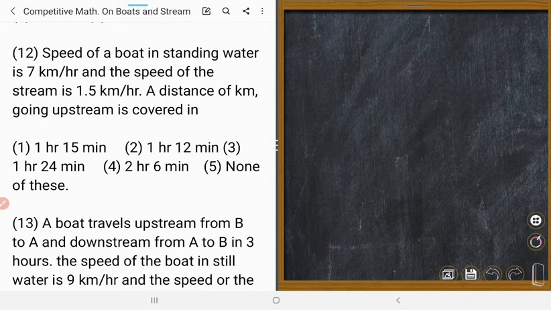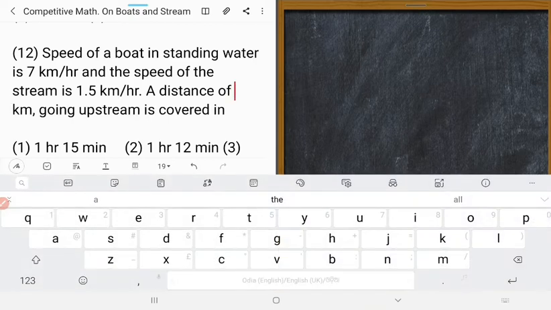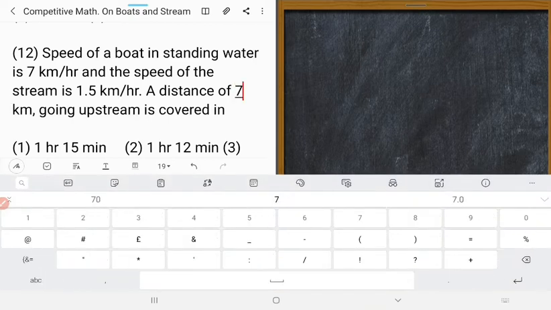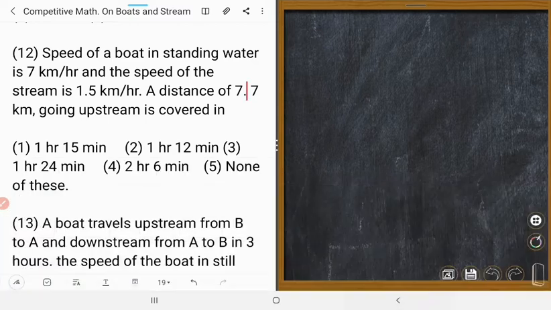A distance of 7.7 kilometer, right? Time is asked.